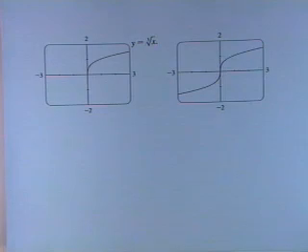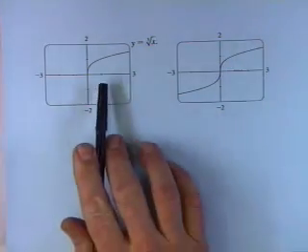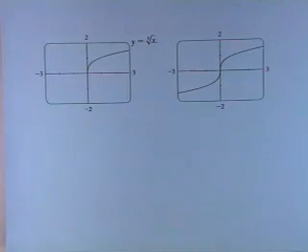Now, depending on how your graphing calculator works, it may give you this picture. And the reason it may give you that picture is because it has done something probably in the figuring out of the cube root. It used logarithms. And because you put in a negative number, it's trying to take a logarithm of a negative number, and it's not going to work.